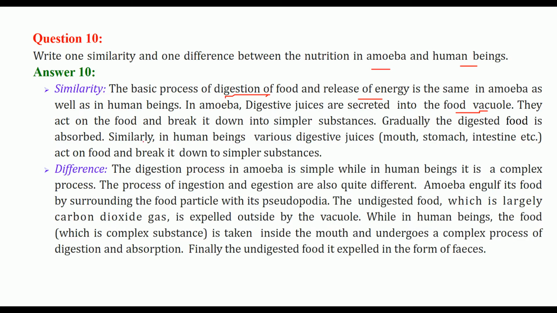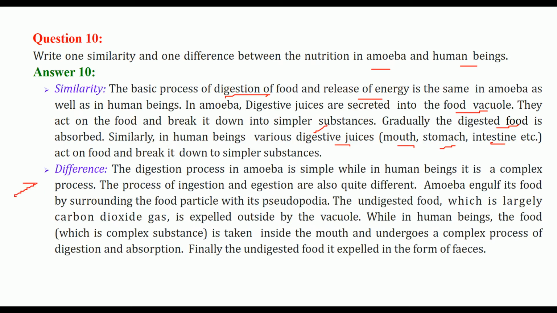They act on food and break it into simpler substances, and then the digested food is absorbed. In the same way, human beings also have digestive juices from the mouth, stomach and intestine. They act on food and break it down into substances that can be easily absorbed.